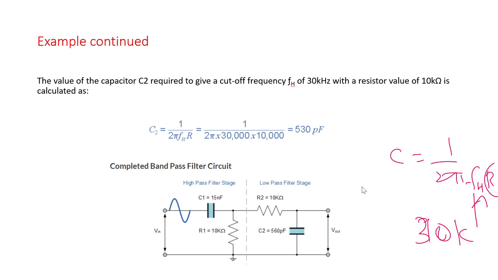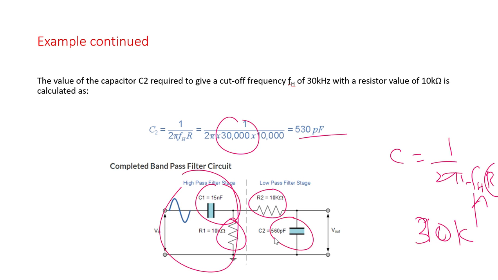So 30K will be introduced here, and this turns out to be 530 picofarad. So the whole design is that we have 10K here, 10K here, and a high pass filter here, so 15 nanofarad is here, and the low pass filter is here, so 560 picofarad is here. So this is the circuit that we intended to design.